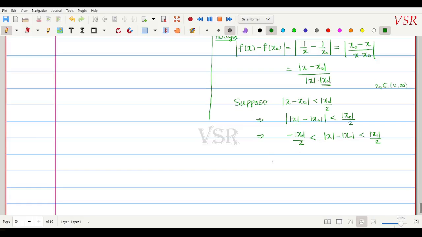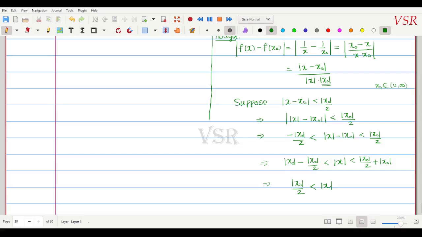So this must imply, on both sides, mod x0 minus mod x0 by 2 which is less than mod x. Okay, at this place, this is less than mod x0 by 2 plus mod x0. So this implies mod x0 by 2 which is less than mod x.